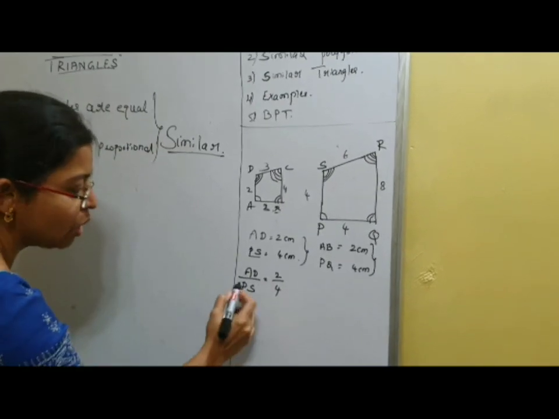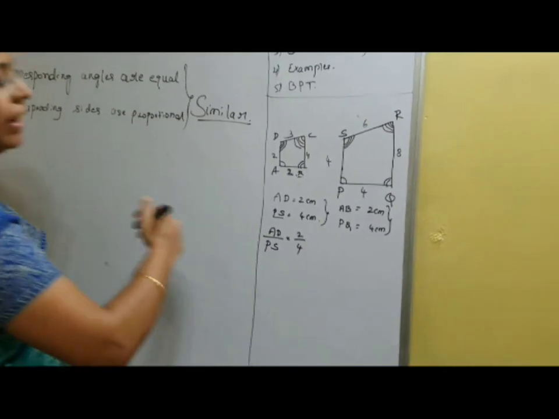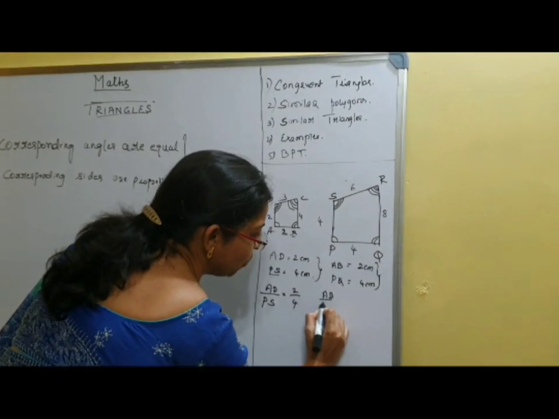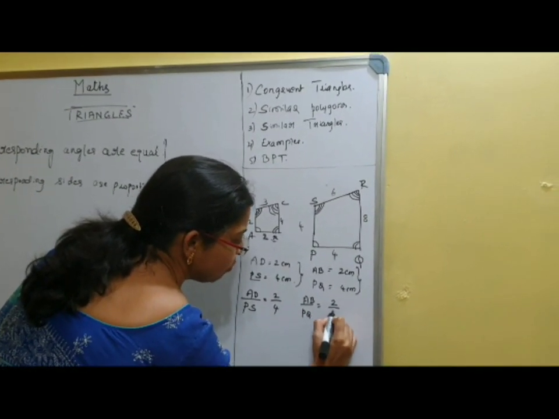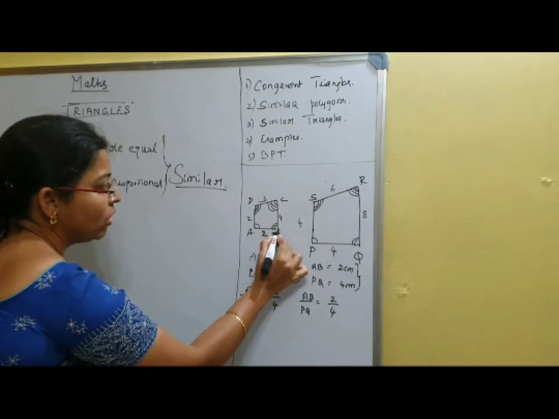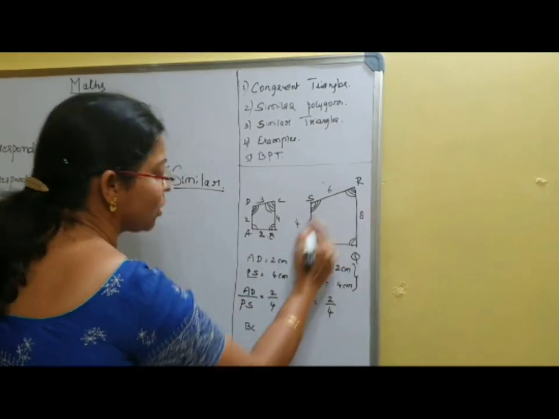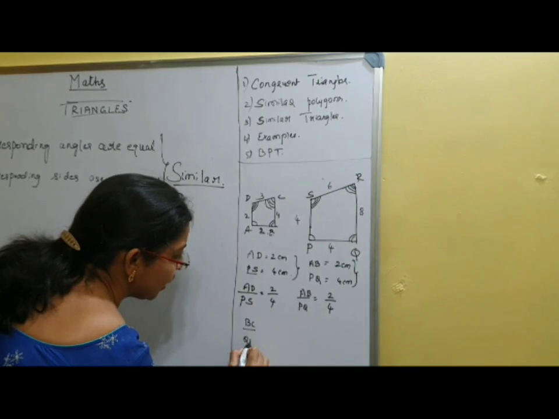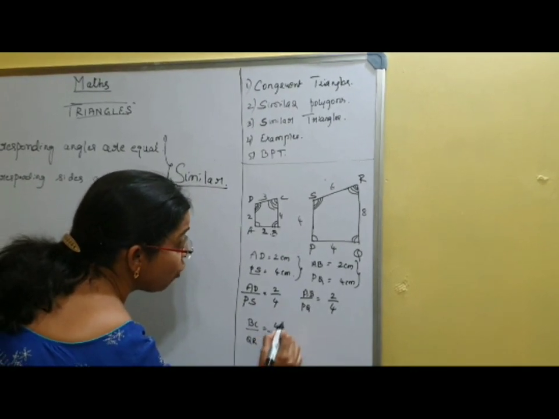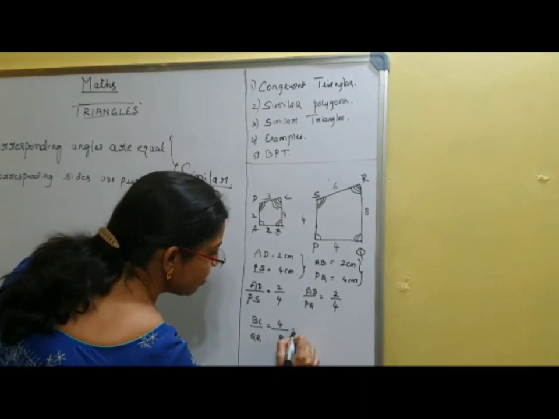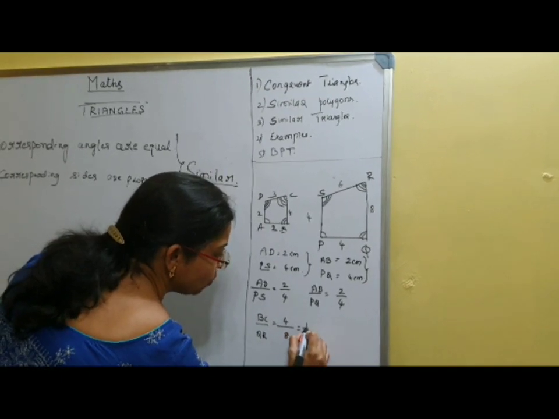That is how we say PS is 2 times AD. AB by PQ is 2 by 4. What about BC? What is the corresponding side for BC? It is QR. BC by QR is again 4 by 8, which is 1 by 2.